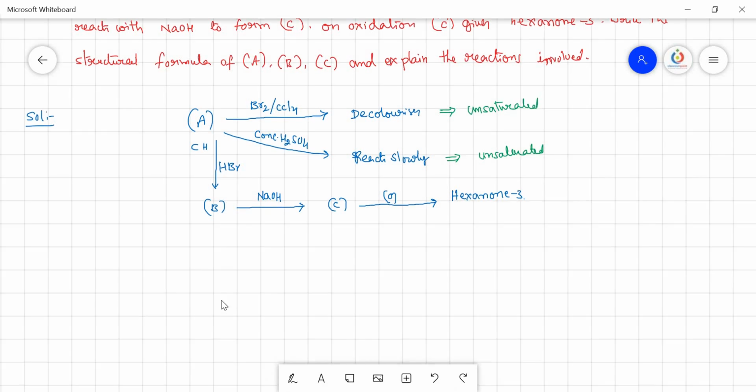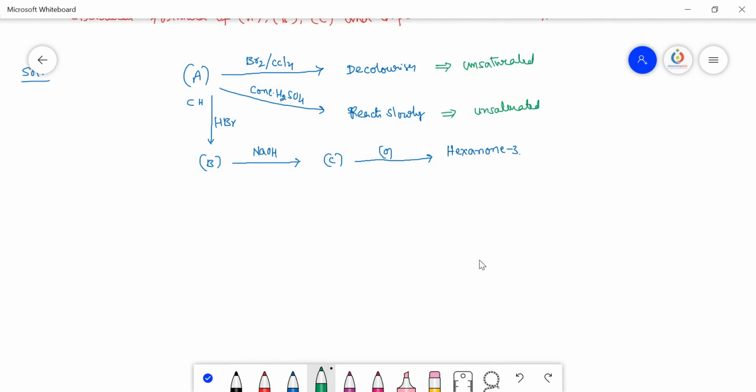So I'll write down the reverse reactions here. First of all, I'll write down the hexanone-3 molecular formula: CH3, CH2, C double bond O, CH2, and CH3, carbons 1, 2, 3, 4, 5 and 6. This is hexanone-3. This hexanone-3 was obtained from which compound?